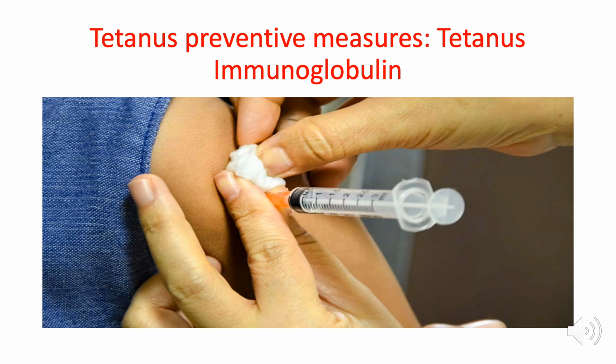And these antibodies were produced in the laboratory. This administration of tetanus immunoglobulin is an example of what? Natural active, natural passive, artificial active, or artificial passive? 5 seconds to think.